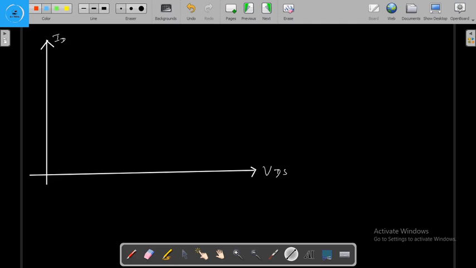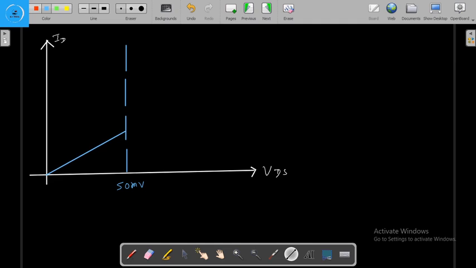Now let me draw this voltage, 50 millivolt. This is the 50 millivolt here. Now what happened? First I am drawing this.